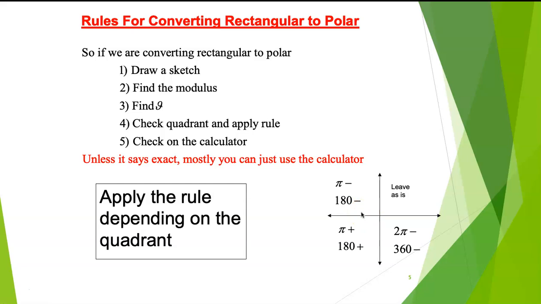But the argument for your complex number is measured from the real axis anti-clockwise to the vector. So that's why you will have to do 180 minus that theta. And if it's in the third quadrant, you'll have to do 180 plus the angle that you calculate. And if it's in the fourth, you're going to do 360 minus the angle that you calculate. So you will have to know which rule you're going to use. You can't just use the angle as you calculated it.